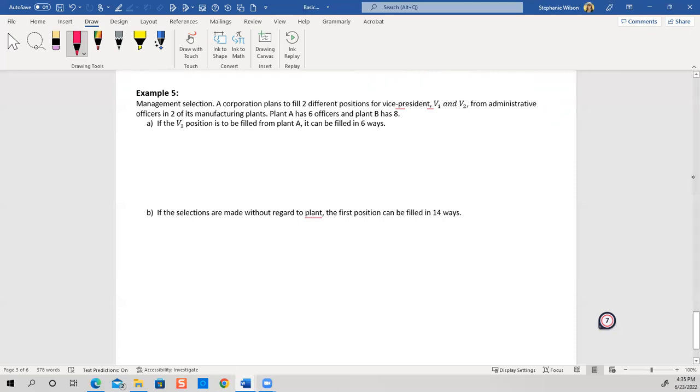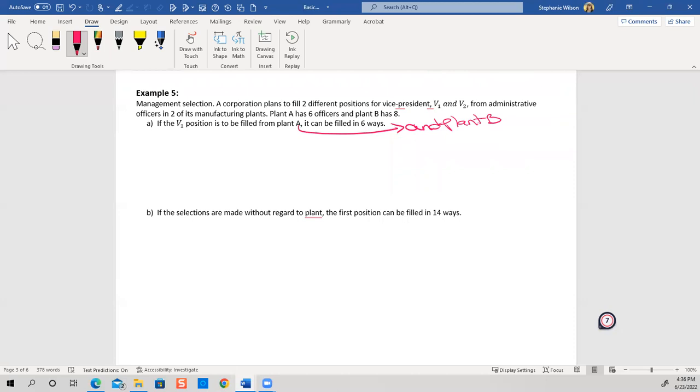Okay, so this question needs to include plant B as well. We're factoring them both. Sometimes reading application problems gets a little messy, so we have to go back and reread it, and that will be helpful.